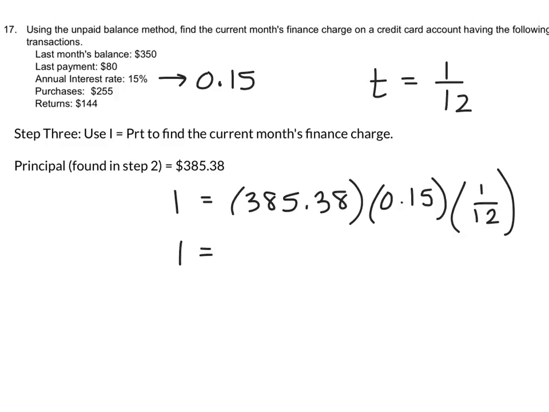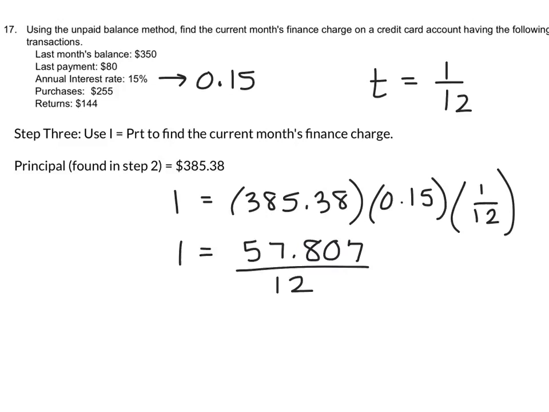First, you'll multiply 385.38 times 0.15, and you'll get 57.807. Next, we'll multiply that value by 1/12, and remember, multiplying by 1/12 is the same as dividing by 12.